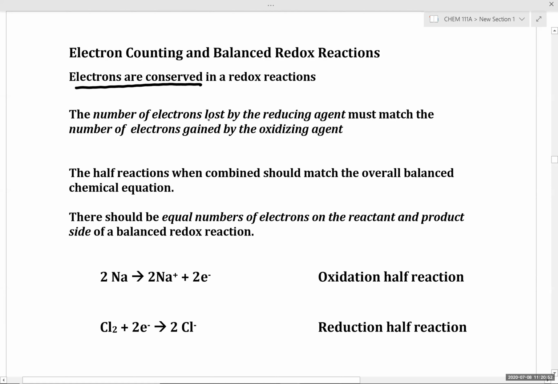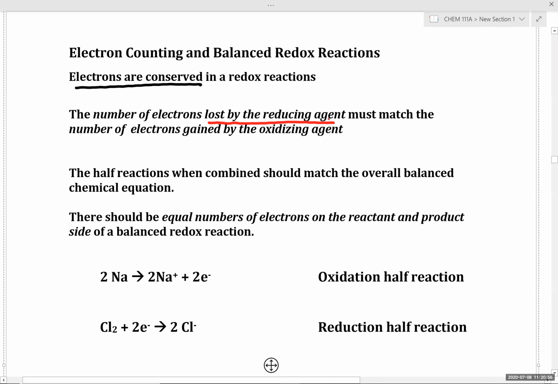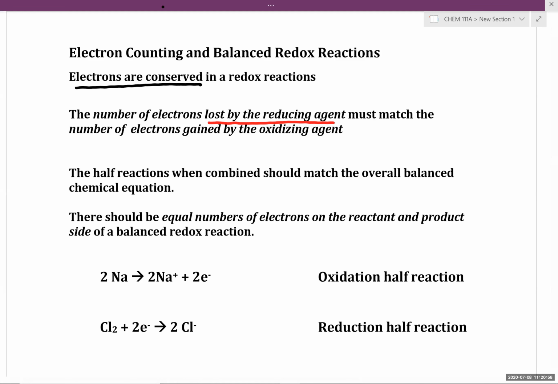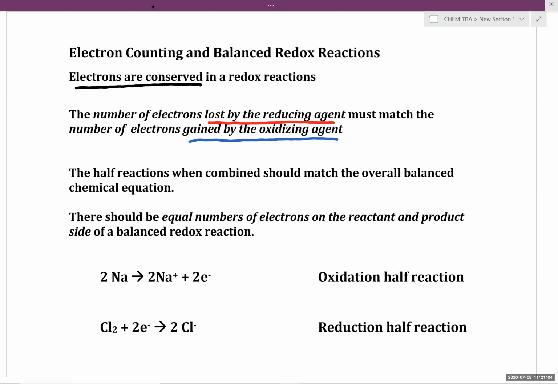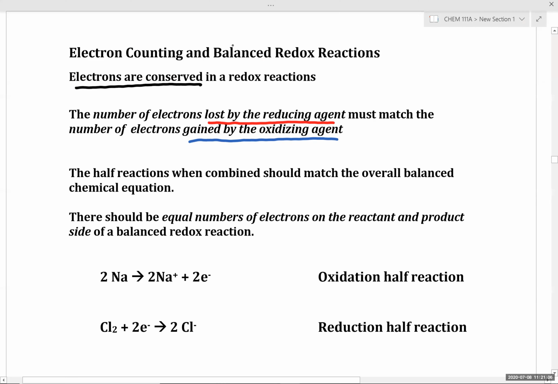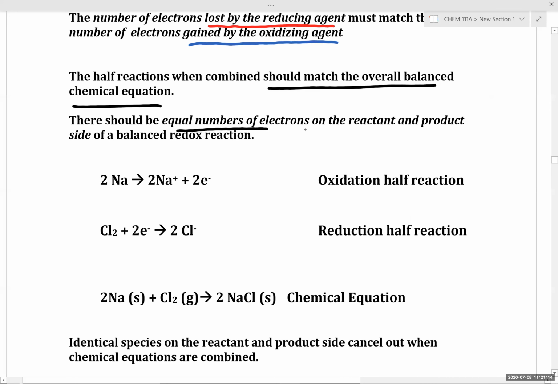The number of electrons lost by the reducing agent must match the number of electrons gained by the oxidizing agent. When you combine your half reactions, they should match the overall balanced chemical equation. So we should clearly see equal numbers of electrons on the reactant and product side of a balanced redox reaction.